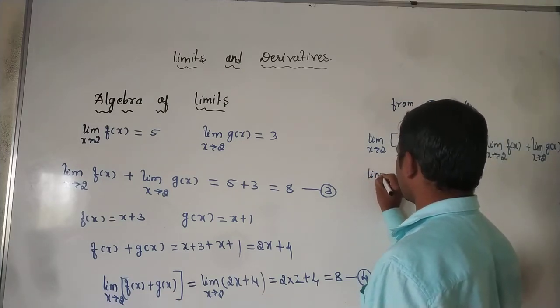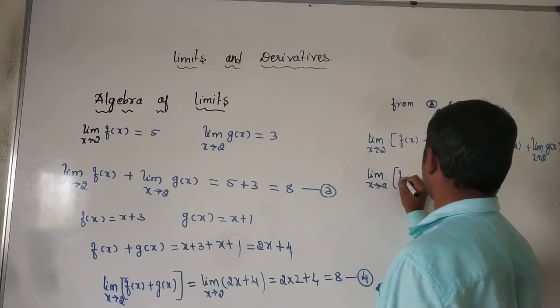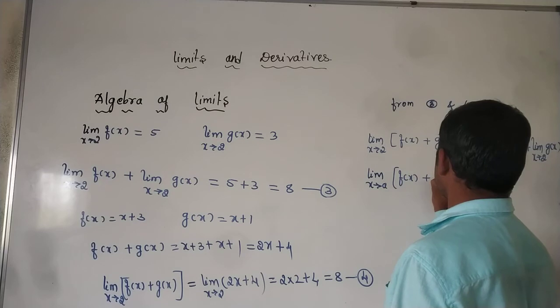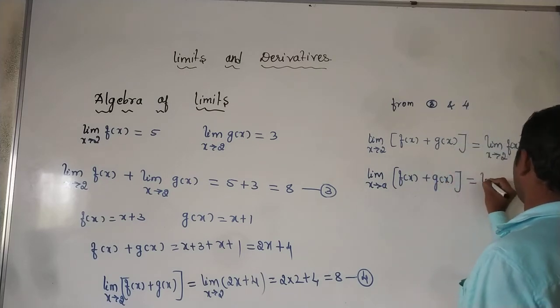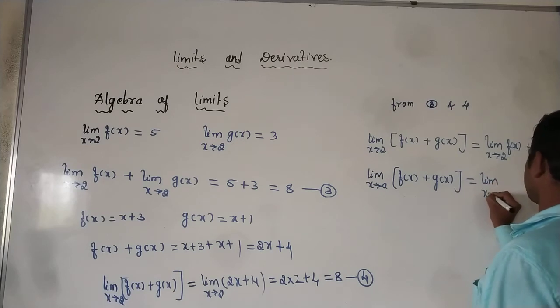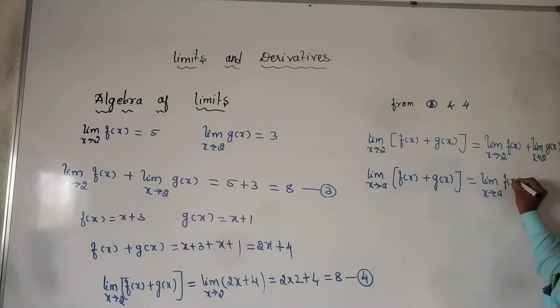Limit as x tends to a of f of x plus g of x is equal to limit as x tends to a of f of x plus limit as x tends to a of g of x.